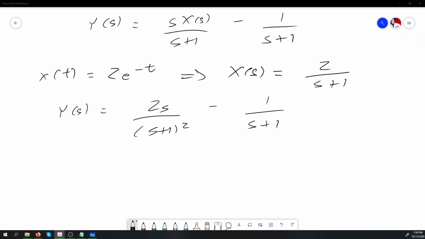And let's bring this down to a common denominator. So we want the denominator here to just be s plus 1 squared.